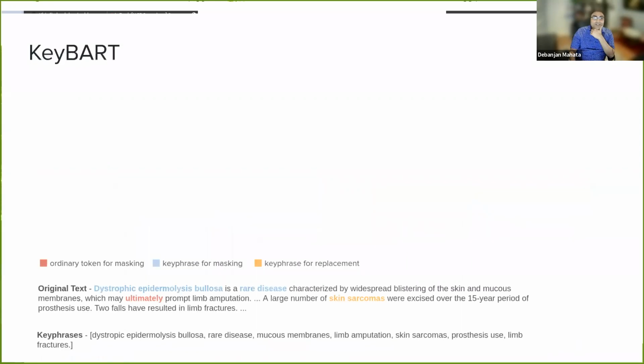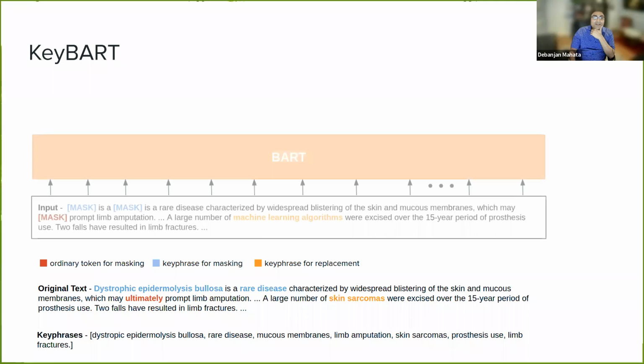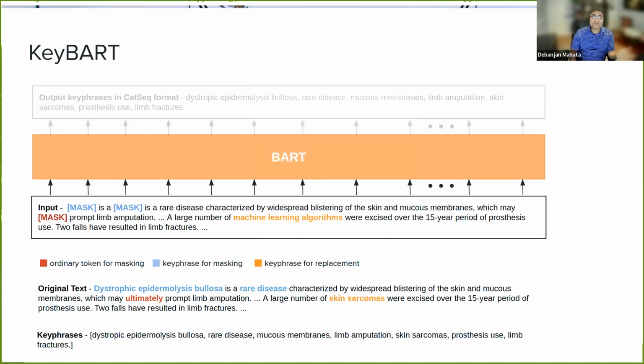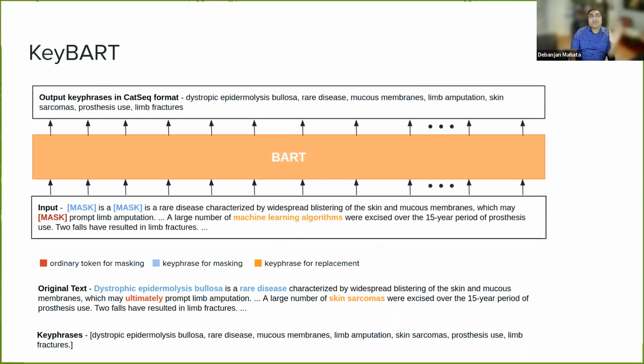Over here in the KeyBART setting, we take the original text and introduce the same kind of noise, like token masking, key phrase masking, and key phrase replacement. And instead of generating the original text, we try to generate the key phrases that are related to the document.